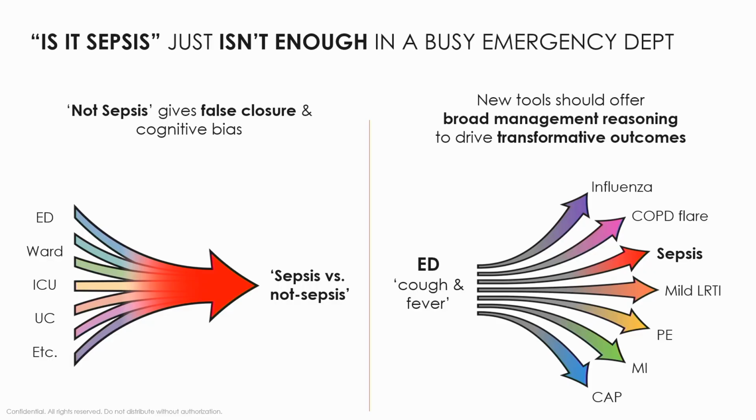The advantage of this kind of technology is it gives you more actionable pieces of information, or at least potentially more actionable pieces of information. It isn't just telling you sepsis versus not sepsis. It's going to tell you, okay, this is a patient that's at risk of severe illness, and this is a likely bacterial infection versus a likely viral infection, which can help you make decisions around whether or not to initiate antibiotics, or whether to initiate supportive care.